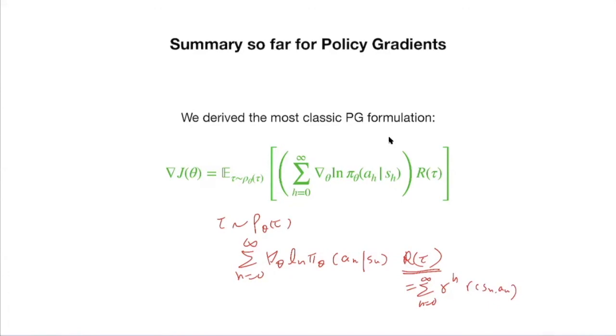I should leverage this experience to push my gradient as hard as I could. That is what R tau is saying. If I happen to sample a trajectory that has tiny reward, then I probably should not move my gradient that much. That is what this unbiased estimate is basically saying.